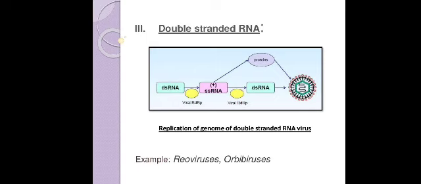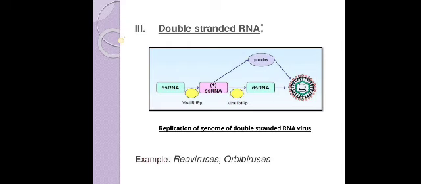Now see the double stranded RNA. The third type is double stranded RNA. Here the double stranded RNA undergoes viral RDRP to form a positive sense single stranded RNA. This positive sense single stranded RNA works as mRNA and forms a protein component. After this there is a formation of double stranded RNA, which is the main genomic material of this virus.